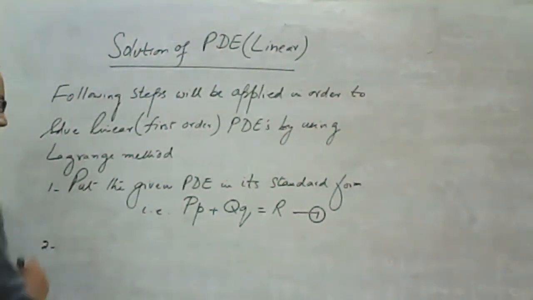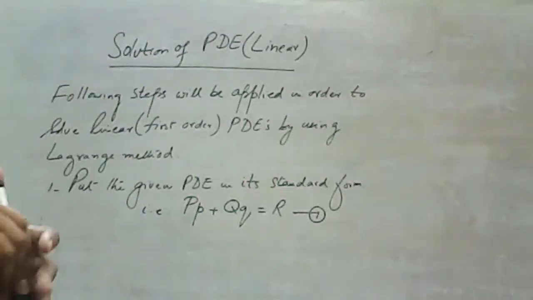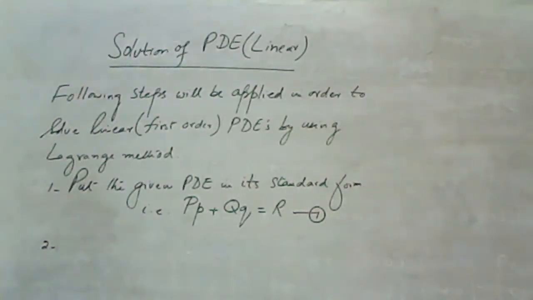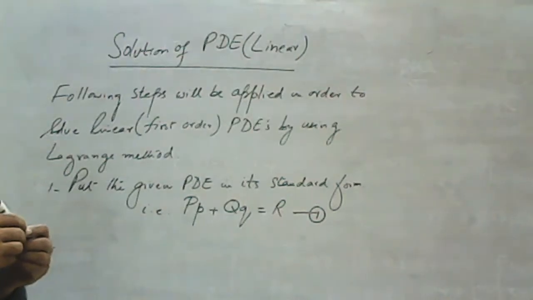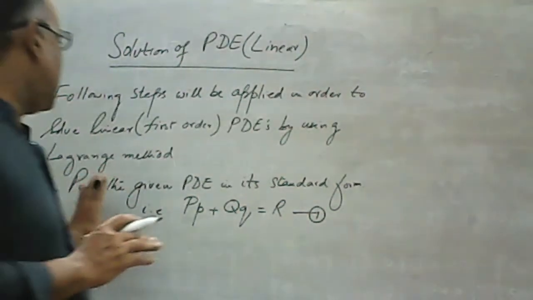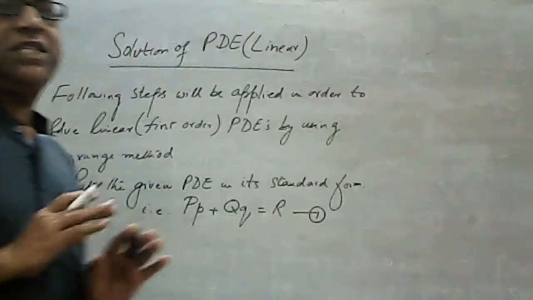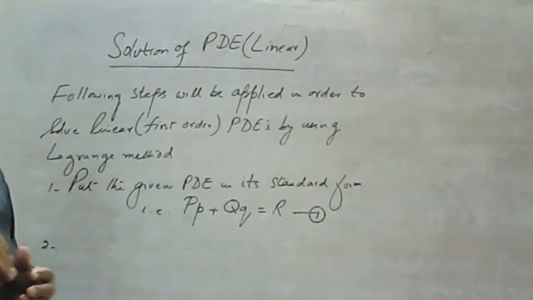I will explain all these steps with the help of an example. So first I am writing all these steps one by one. Then this is step number one. If the given PDE is not in its standard form, we put it in standard form; generally we have the PDE in its standard form.